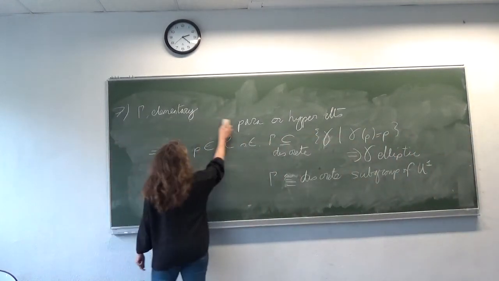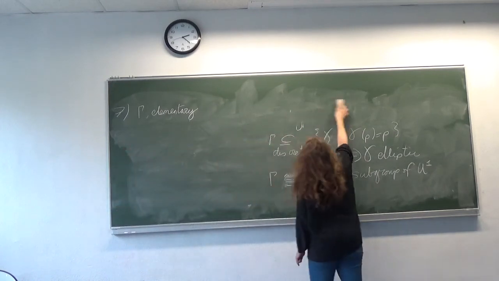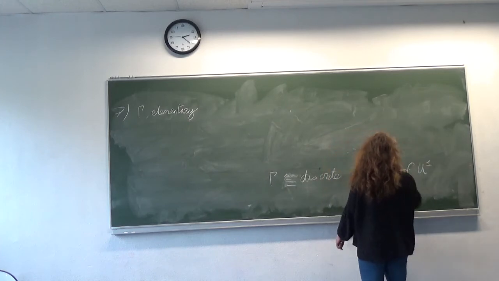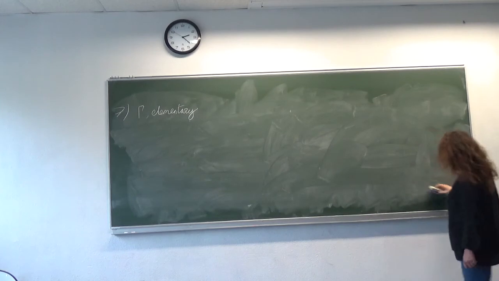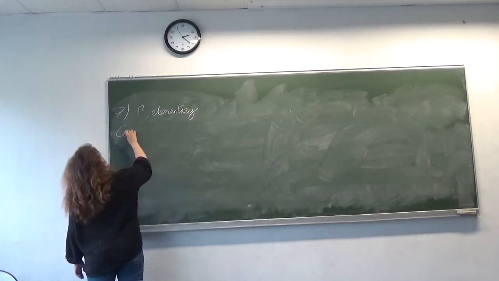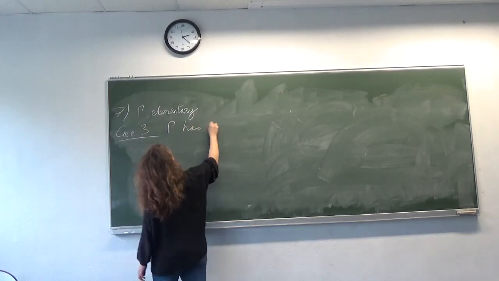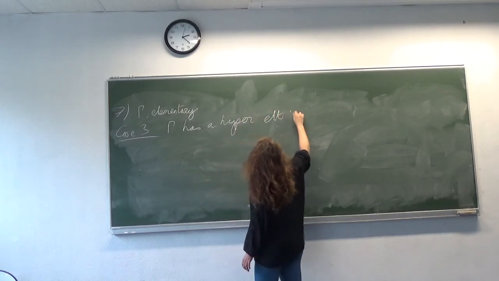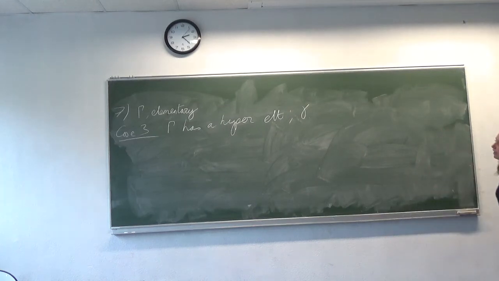And the final case I have to deal with is the one where gamma has at least one hyperbolic element. Okay, case 3, which is going to be gamma has a hyperbolic element, which I'm going to call small gamma.